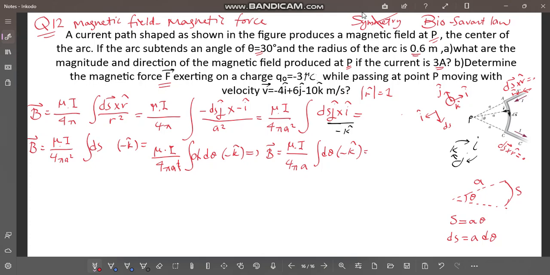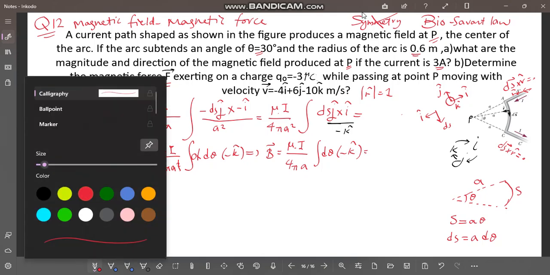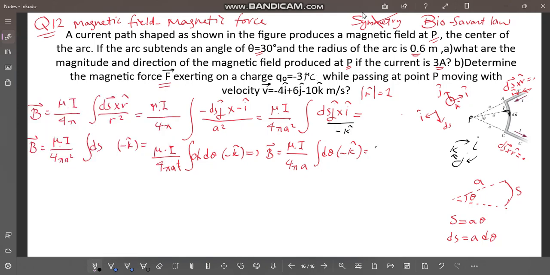And the integral of d theta is nothing else than pi over 6, because in the question theta is 30 degrees.